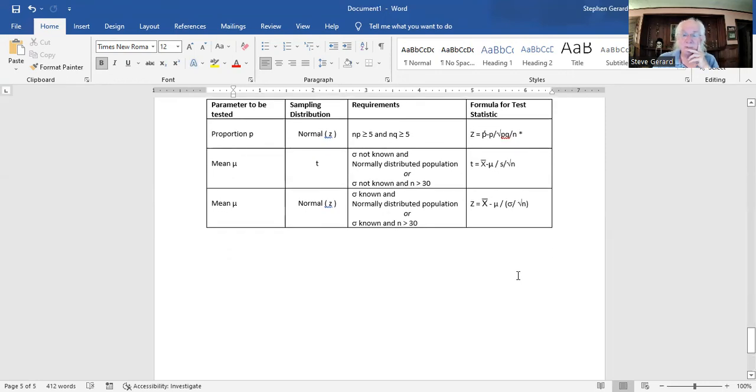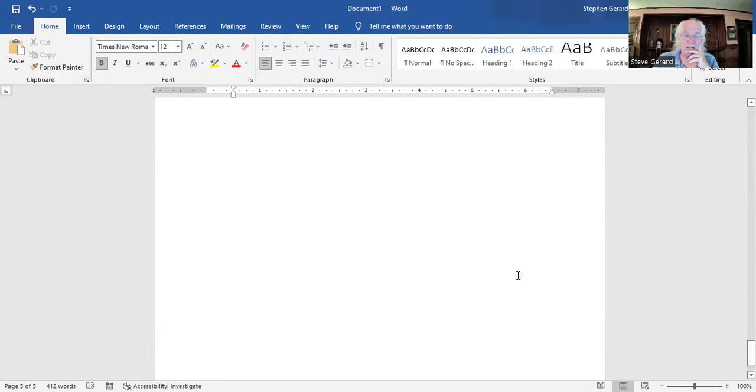Now, I'm going to help make this simpler for you, because I include some worksheets like this. Suppose you got a problem. I have an example here.